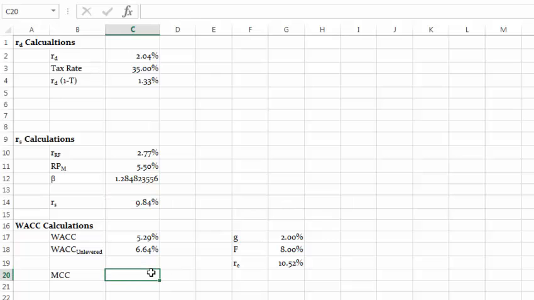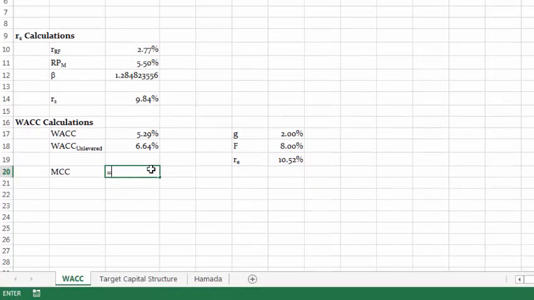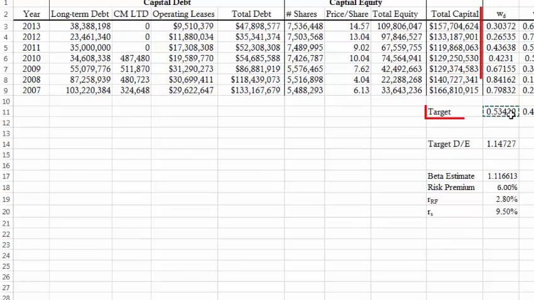So what would be the marginal cost of capital in that instance? This is just a way of saying, do you get this concept of marginal cost of capital? If the next thing I had to add would be equity, it would look like this. We would say, well, what is the W for D?